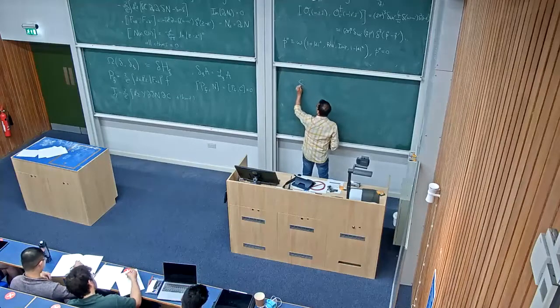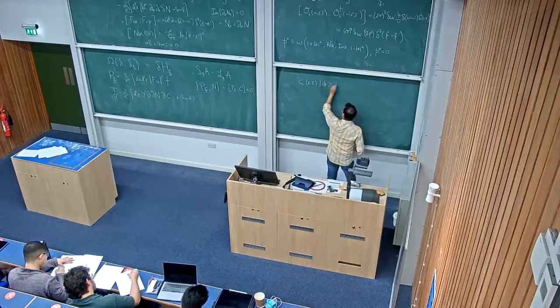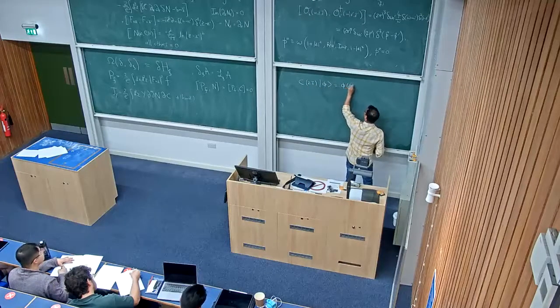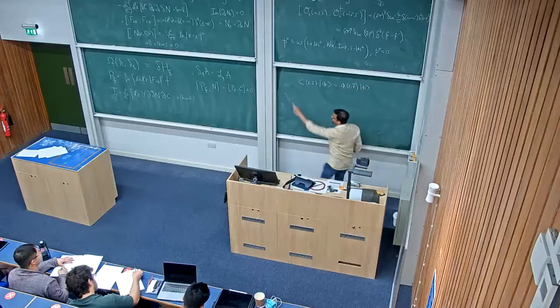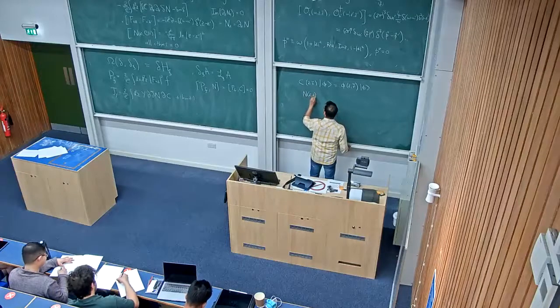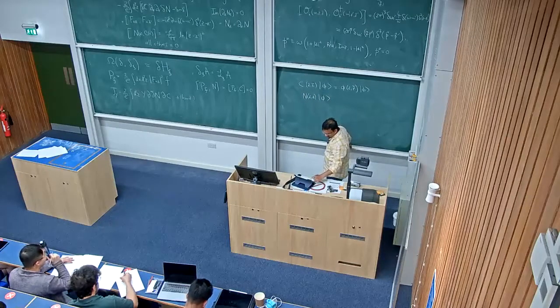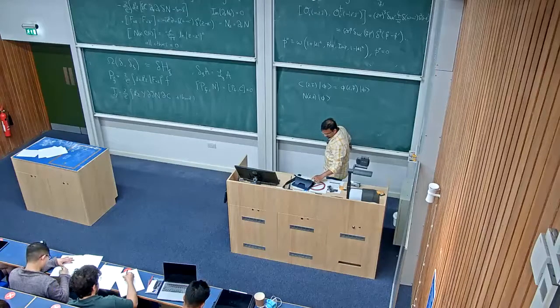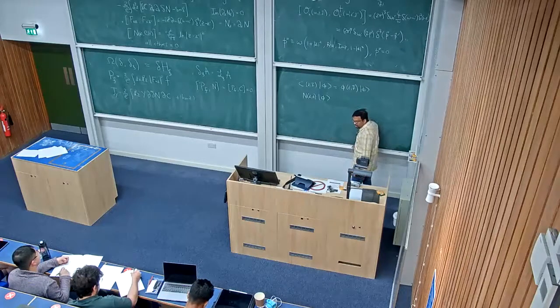So it's very simple. I'm going to define C, and I'm going to define a basis state, and then I can use that algebra to work out the action of N on this state, which is not what I have in my notes.